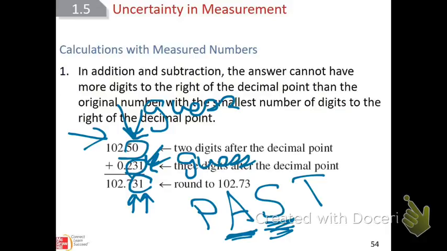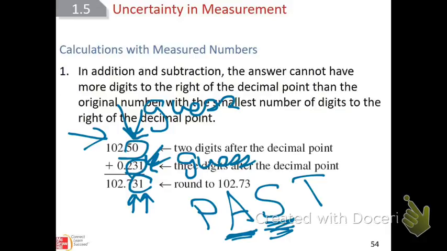When you multiply or divide, it works on the same principle. You're going to have guesses. Your last digit's always going to be inexact. But because of the nature of multiplying and dividing, that guess is going to be spread out.